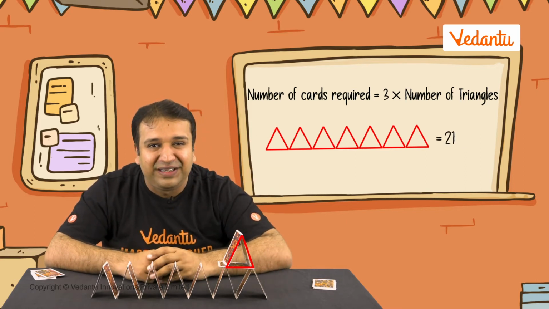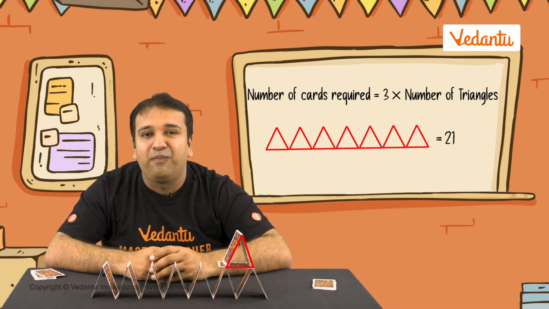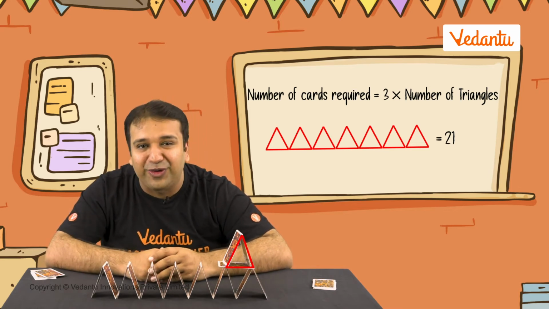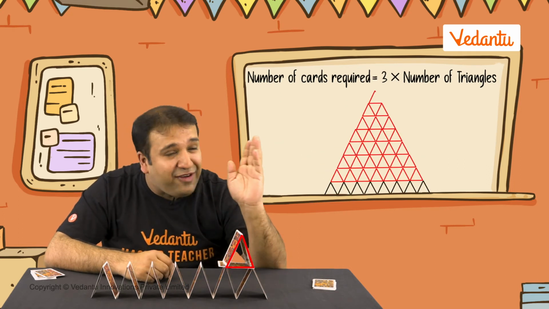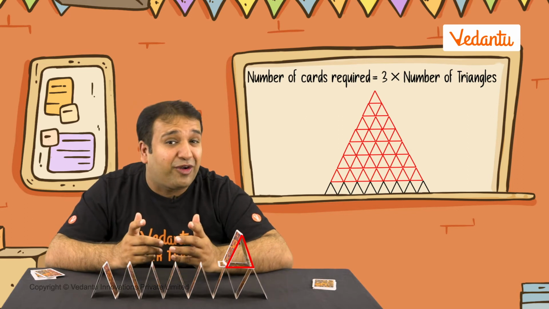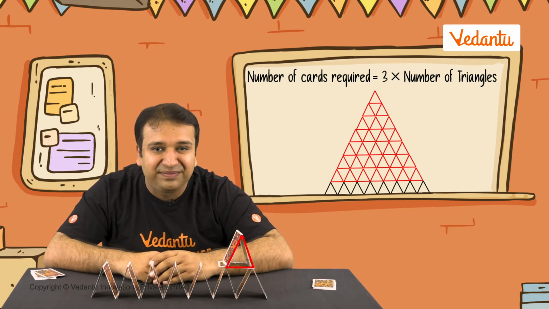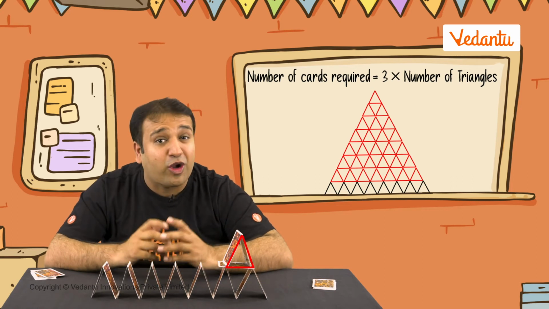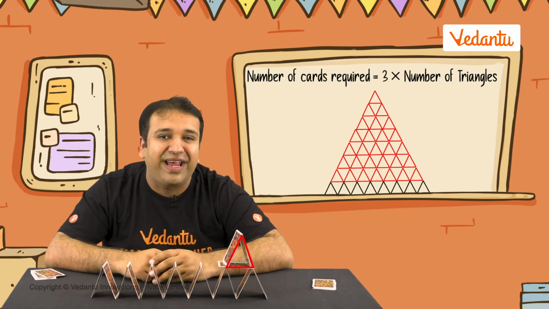Awesome! But as we thought earlier, we don't know how big our house of cards is going to be. Now imagine, you can put in any value in place of the number of triangles to get the required number of cards. But we don't know what value to put in there, as we don't know how many triangles we are making.